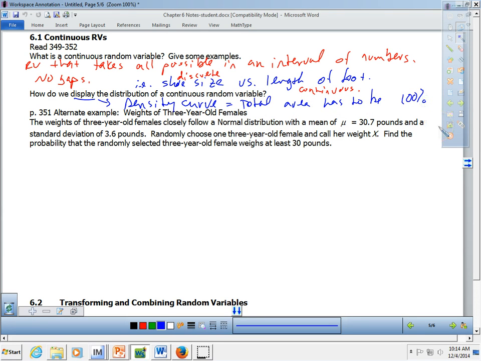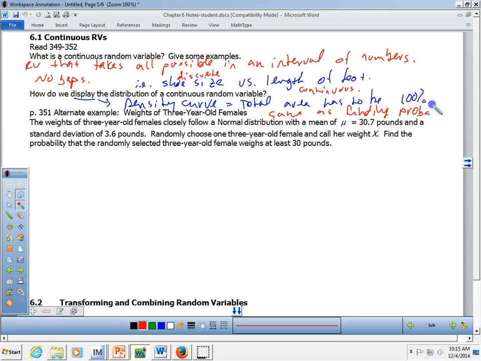Well, that sounds a whole lot like a probability model and how to make sure it's legitimate. Each probability has to be in between 0 and 1, and the total probability has to be 1, or 100%. So finding the area under the curve is the same thing as finding probability. I started to make this connection a couple of days ago, I can't remember now, but we make this connection now.